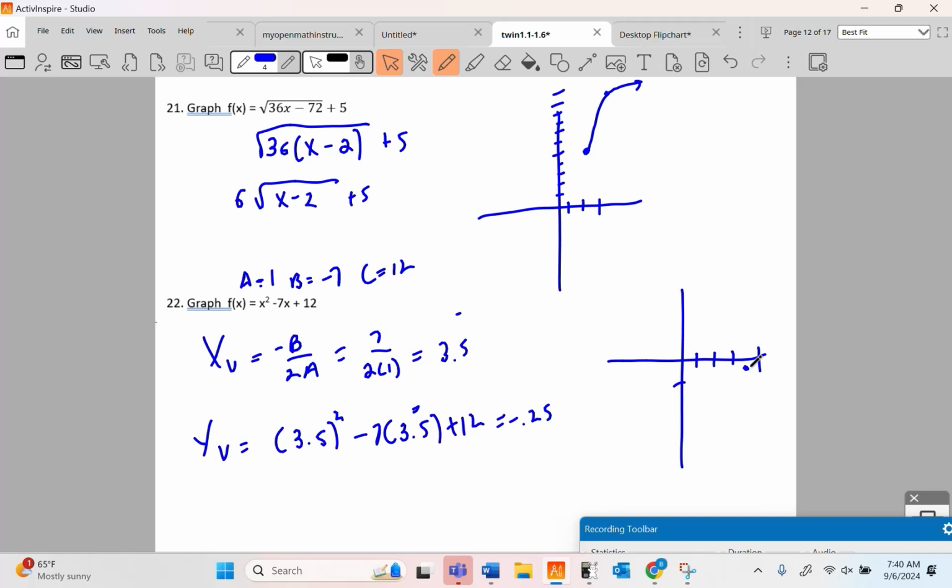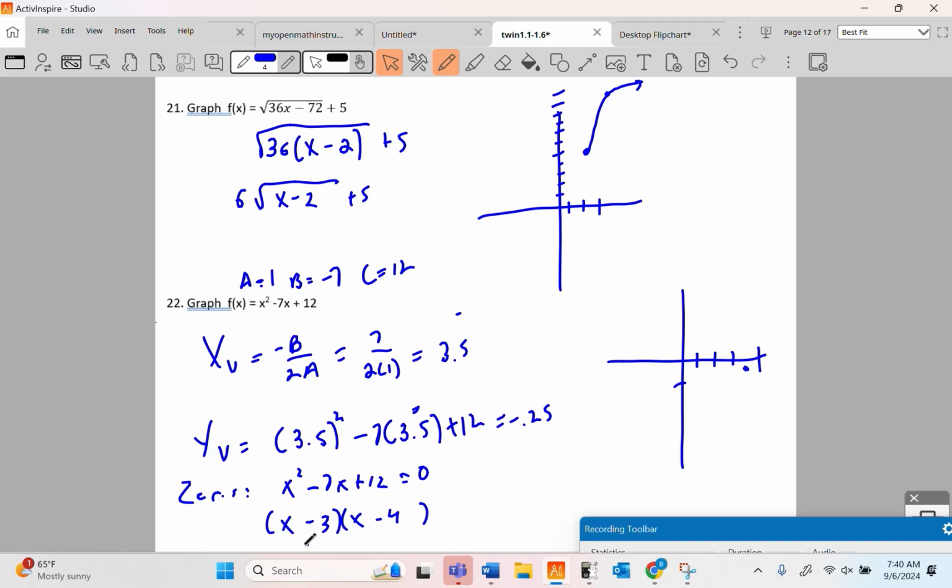I'm going to find my zeros. I'm going to take x squared minus 7x plus 12 and set it equal to 0. I'm going to factor. Factors of 12 are going to be 3 and 4, 2 and 6. But I like 3 and 4 because 3 and 4 will give me a 7. And if I make them both negative, I'll add to -7.